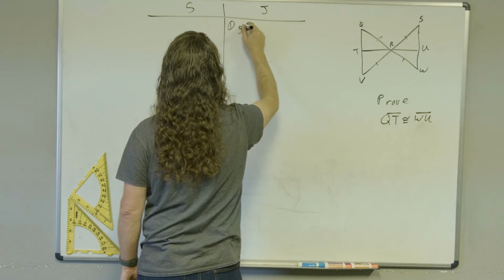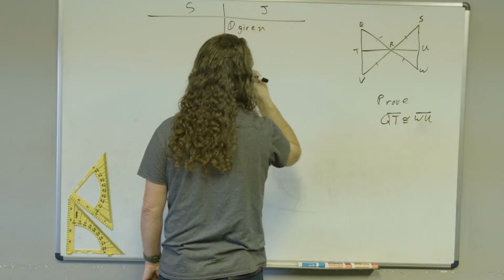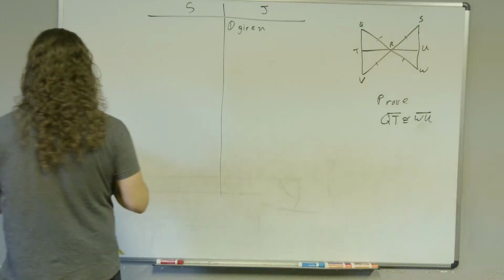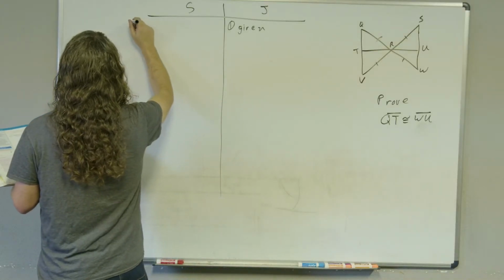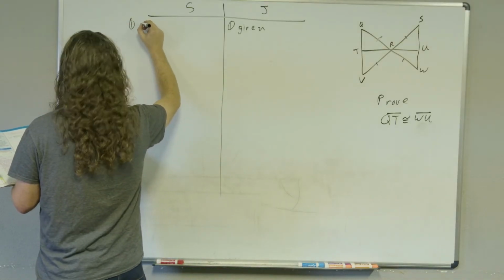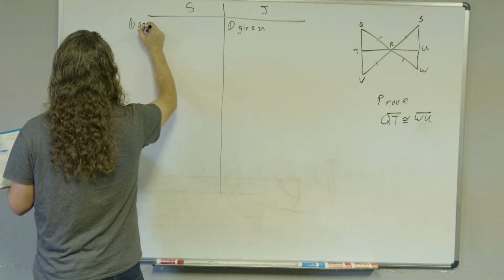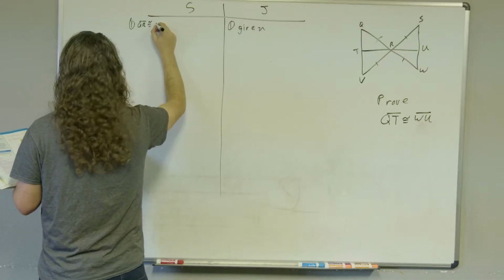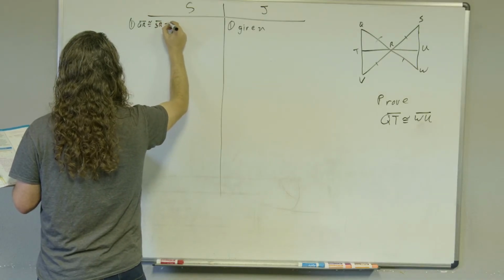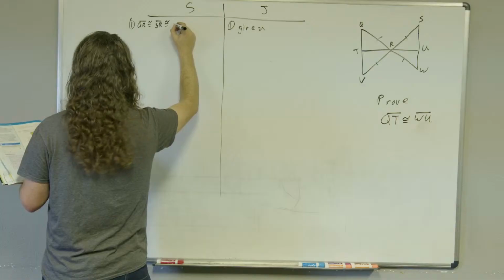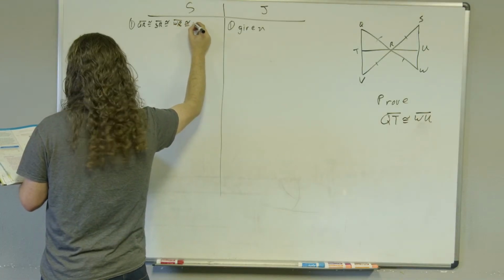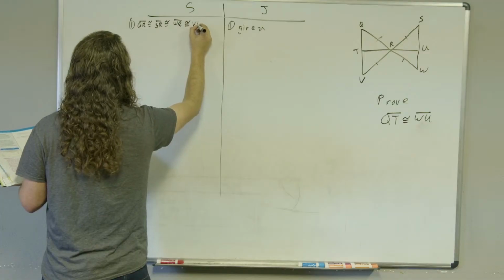And we are also given at least that those segments are all congruent. We're given that QR is congruent to segment SR is congruent to segment WR is congruent to segment VR.